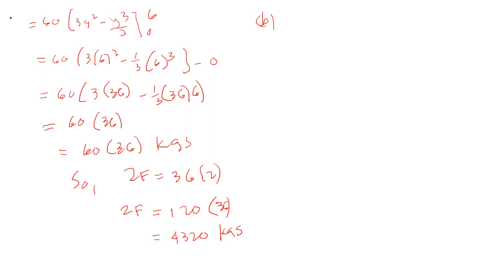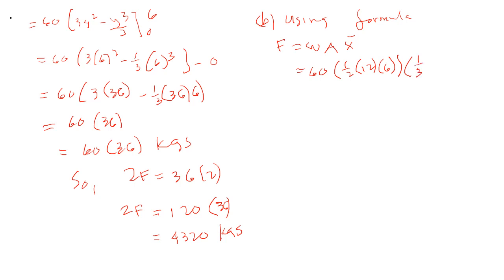For letter B, using the theorem formula, F equals W A times X bar, equals 60 times 1/2 times 12 times 6 times 1/3 times 6, equivalent to 60 times 36 times 2, equals 4,320 kilograms.